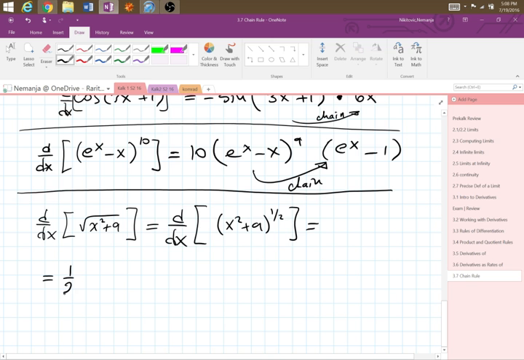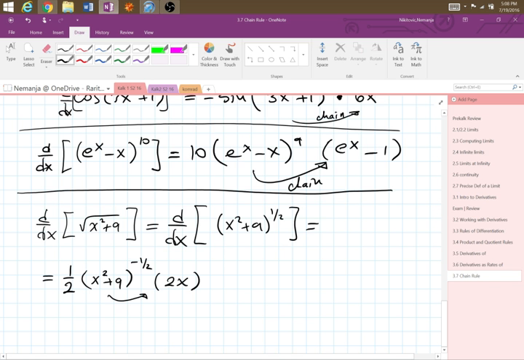So bring down 1/2, and something to the negative 1/2, because when we take the derivative, it's minus 1 on the exponent. 1/2 minus 1 is negative 1/2. And then we write the guts, which is x squared plus 9. And then times 2x, which is the derivative of the inside.